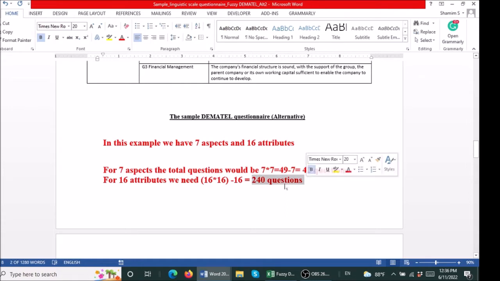So imagine how many questions we have to ask. 42 plus 240 equals 282. So 282 questions you are asking for 7 aspects and 16 attributes.